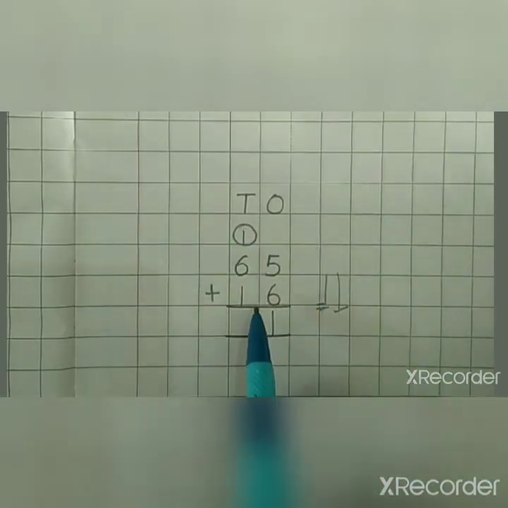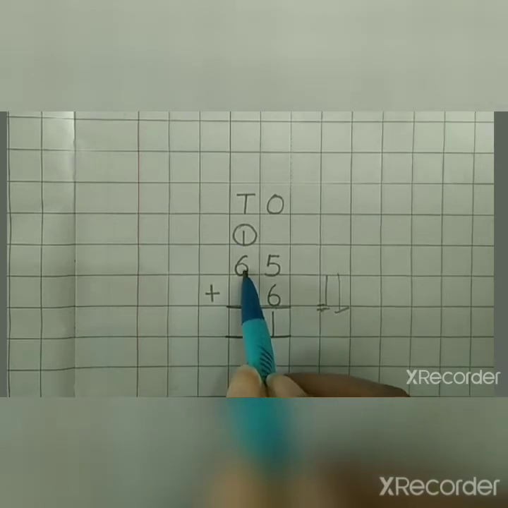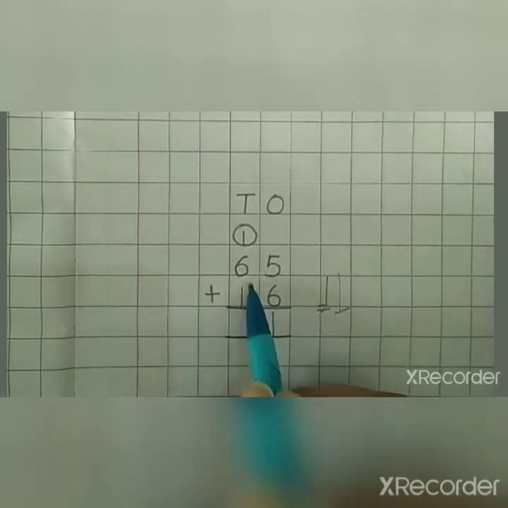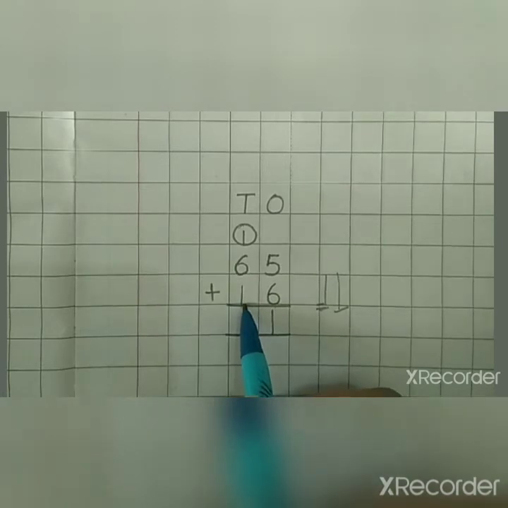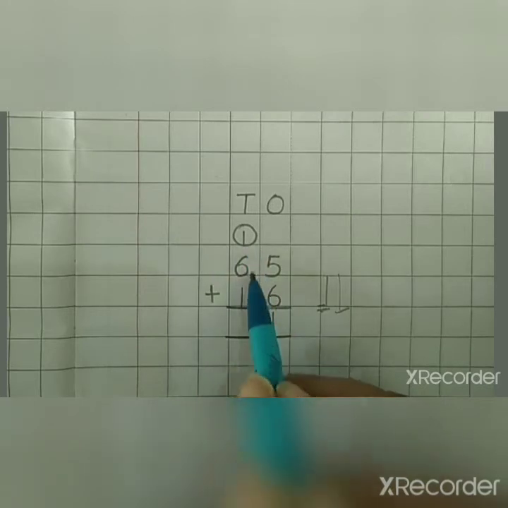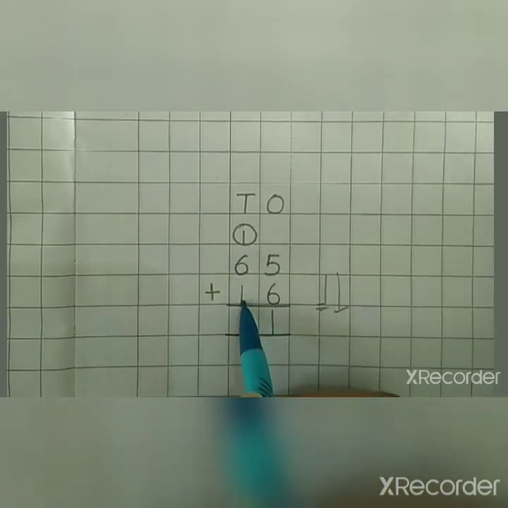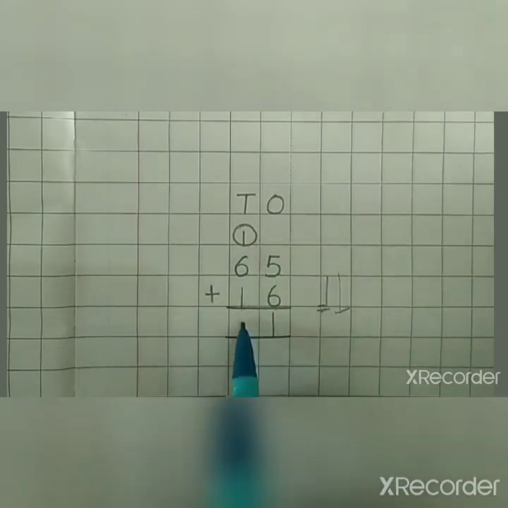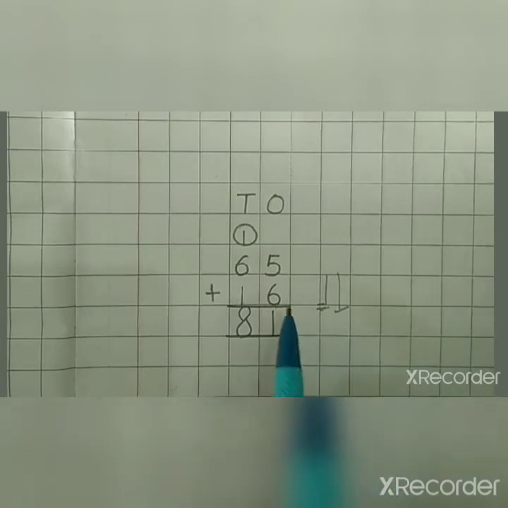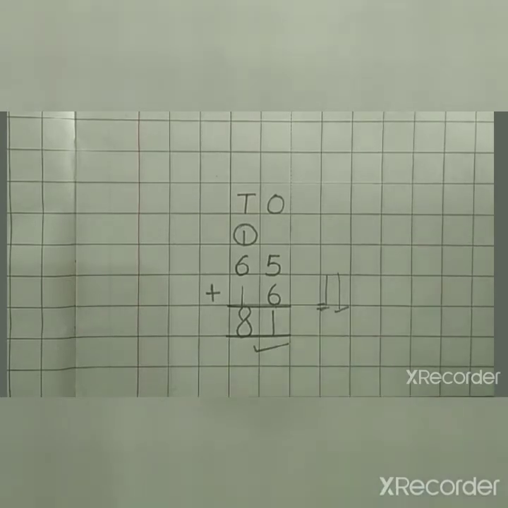Now again we will add 6 plus 1. So 6 plus 1 is equal to 7, and 1 carry also we have to add. So 6 plus 1 is equal to 7 and 1 is equal to 8. So 65 plus 16 is equal to 81.